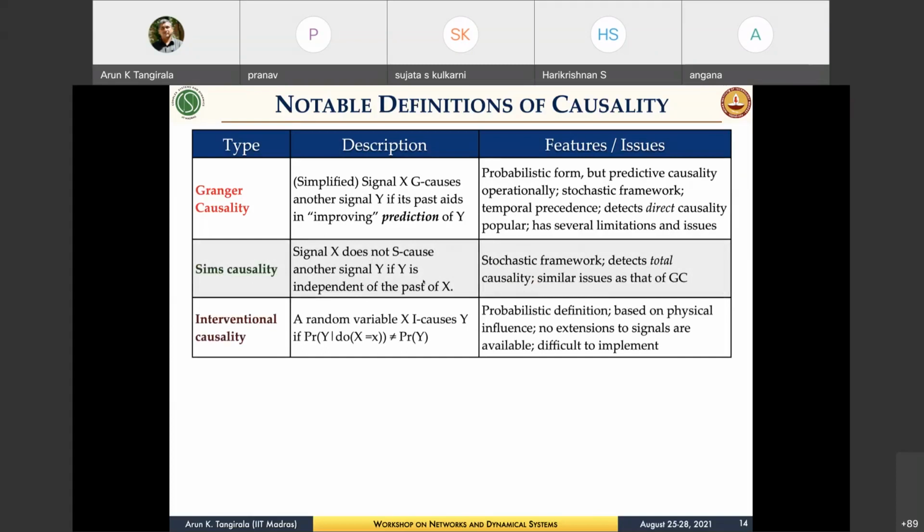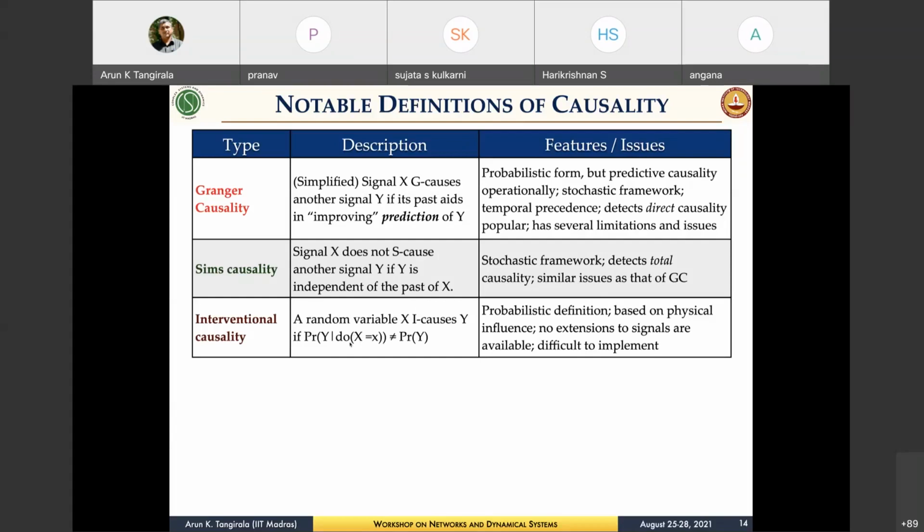Then you have what is known as interventional causality, which you will find in the Judea Pearl school of thought and other schools of thought that focus on only random variables. We worry about signals, whereas there is a section of the literature that is devoted to causal connections between random variables. And this do notation is due to Judea Pearl.